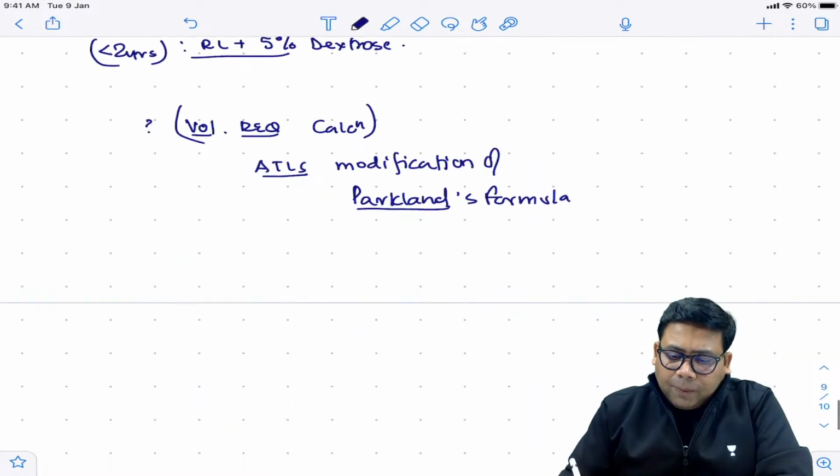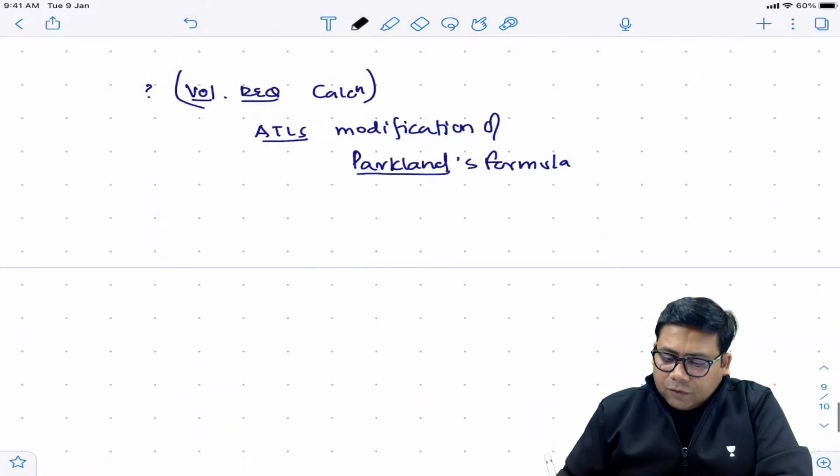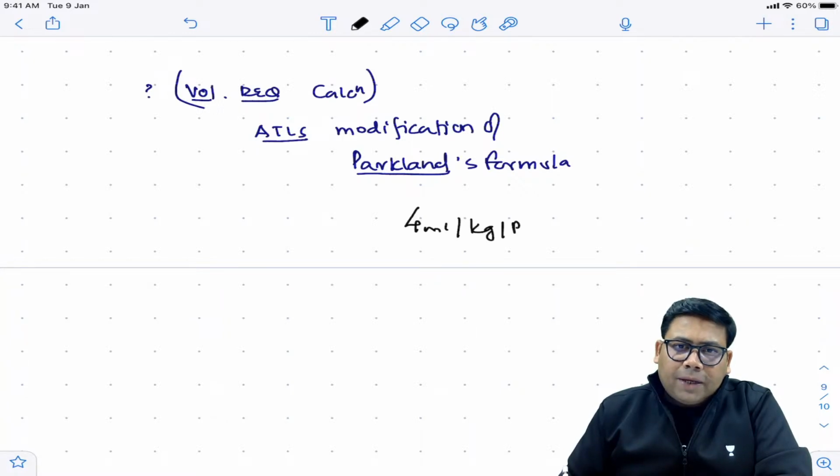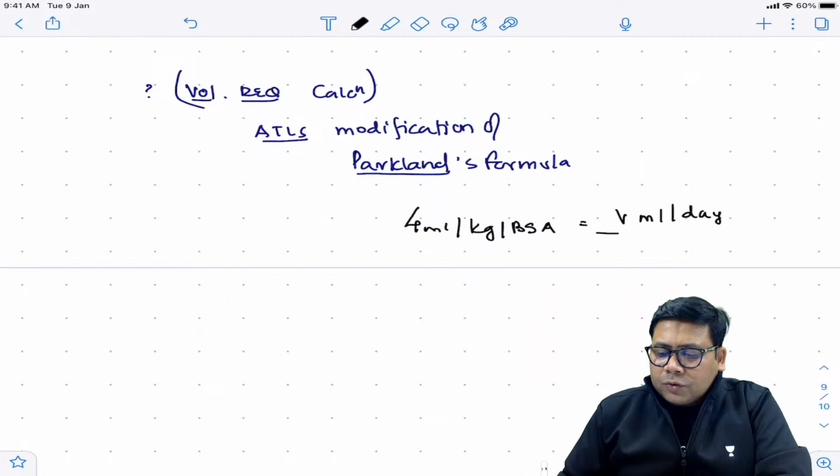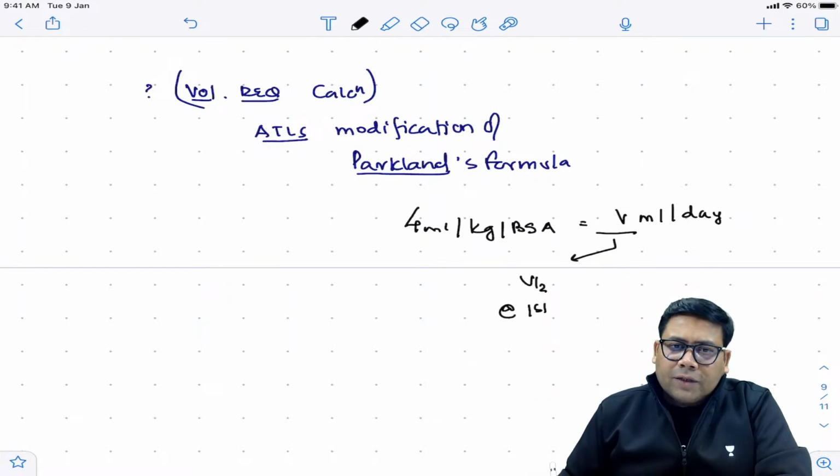The Parklands formula was 4 ml per kg per BSA. This gave you V ml per day. Out of this, you divide V into V by 2, which was to be given in the first 8 hours, and the remaining V by 2 is to be given in the next 16 hours.